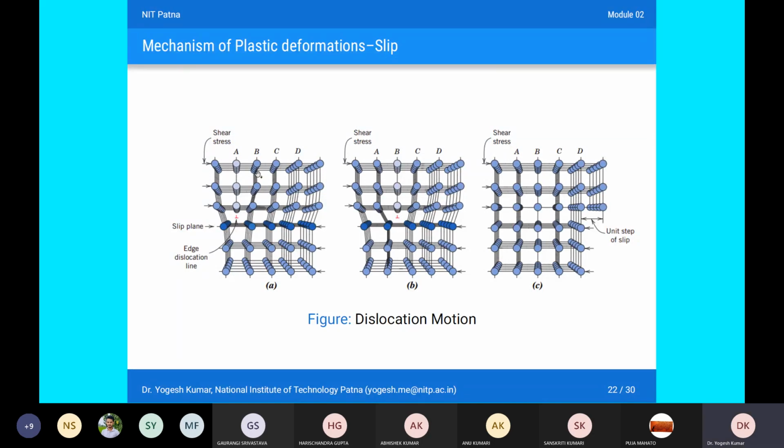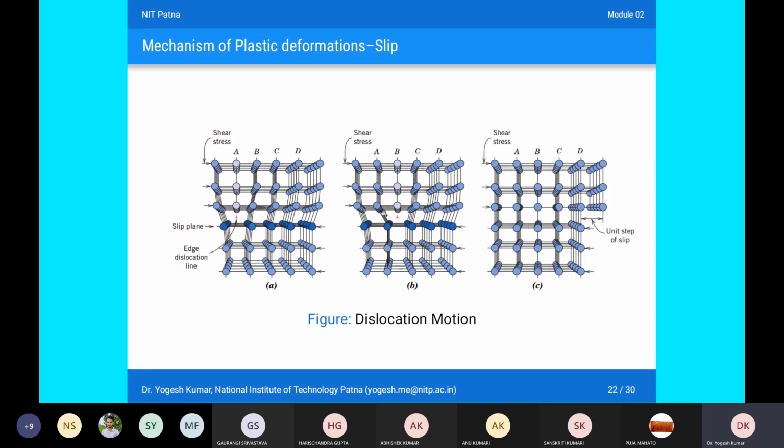But what happens to the vertical plane of atoms which was already perfect? Since this atom has been connected to the extra half plane, this plane becomes the B plane. Let us read it as A, B, C, D. So now B becomes the extra half plane in the second step, because the shear stress has exceeded a certain critical value.